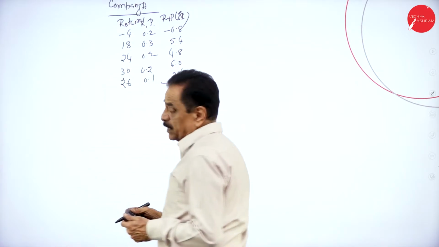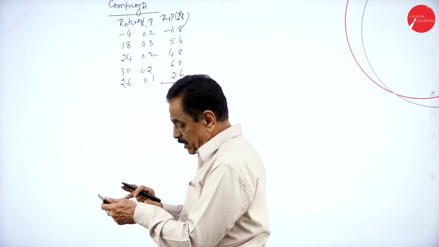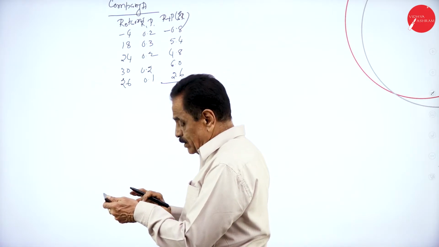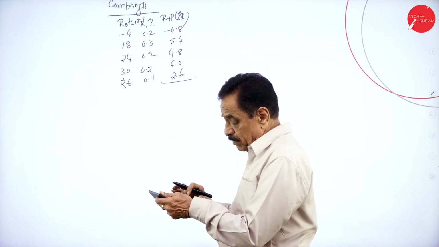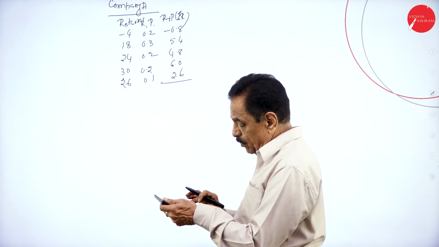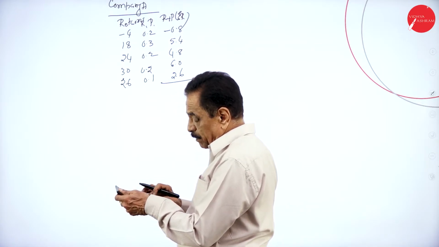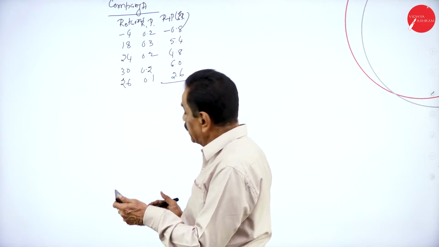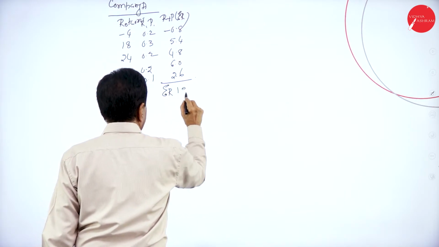This is your expected return. 2.6 plus 6 plus 4.8 plus 5.4, 18.8, minus 0.8 is 18. Expected return is 18.